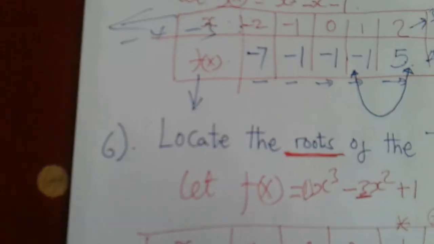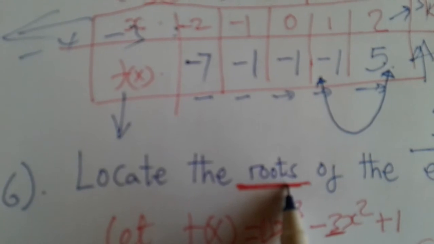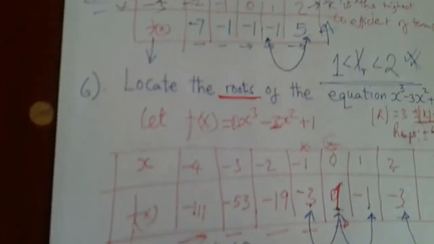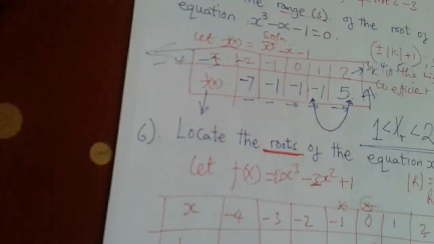Therefore, there is the third range. So locating the roots means that you have 3 possible roots, which lie in the first range, the second range, and the third range. So that's how we can handle questions of location.